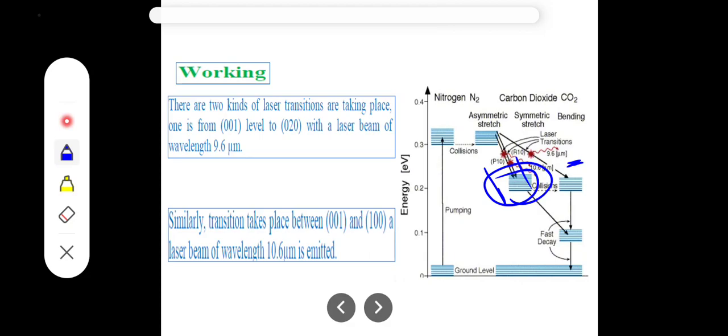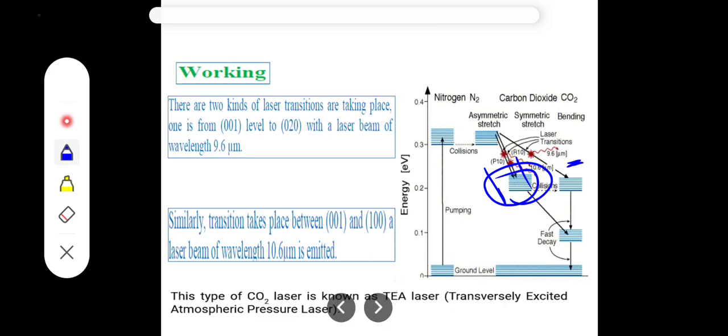Only between the excited state level and the metastable level do population inversion and stimulated emission occur. The laser action is produced between the excited state level and the metastable level. The laser beams are emitted through the partially reflecting mirror. Two types of laser beams are produced, of 9.6 and 10.6 micrometer wavelength.